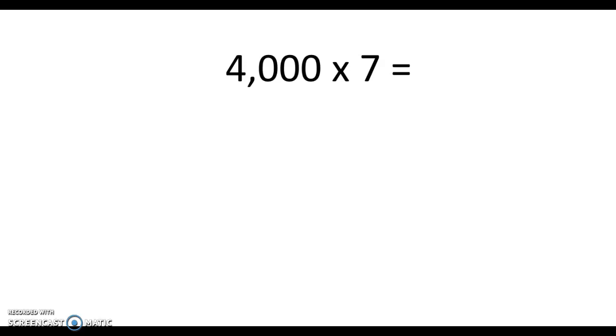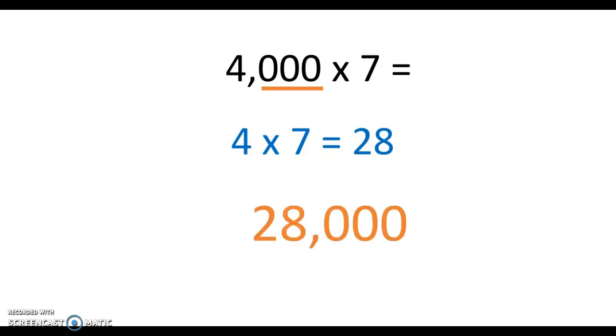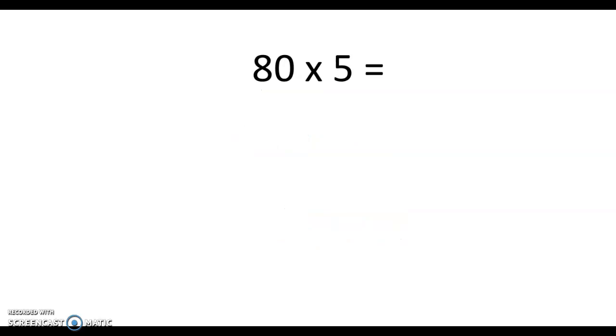But I'm going to go ahead and start solving. So, first off, I know 4 times 7 equals 28. But I need to add 3 more zeros onto that 28 to move it up 3 place values. So when I add 3 more zeros onto the back of that, that gives me 28,000.